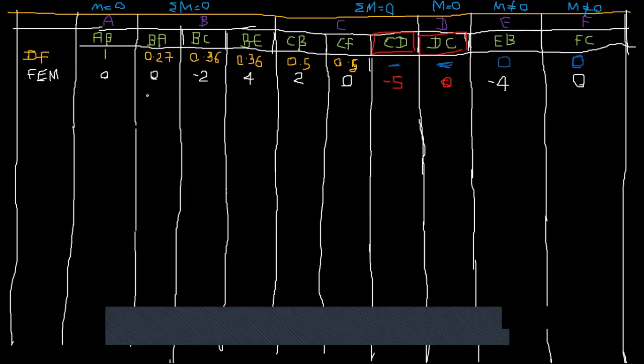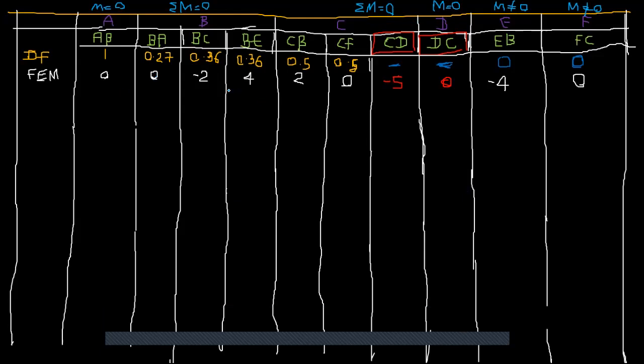So I can start balancing. I'll start from here. So at joint B, you have -2 +4. That means the remaining part is +2. When you add these two, it's +2, right? So that means clockwise. Our sign convention is clockwise positive, right? So clockwise 2 is remaining at that joint.